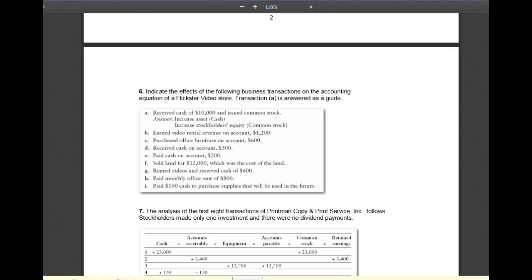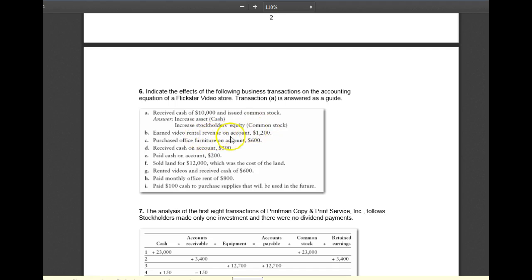Number 6 is more of the same, only now they're giving you the transaction. And you're going to use A, right here, as an example. What is this? This is an increase of cash. They receive cash, and an increase of stockholders' equity because they issued common stock.